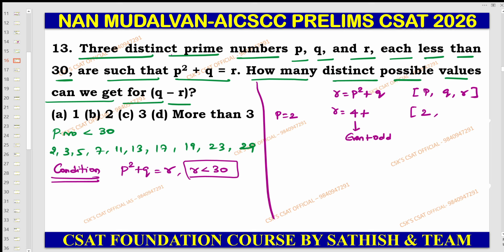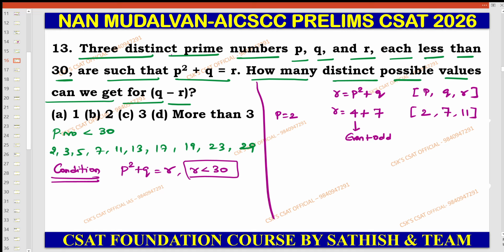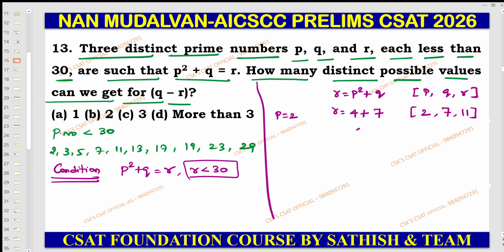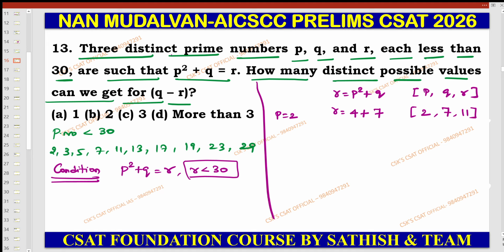Suppose if you are taking, what is the value of Q? 7 if you take, then R is 11. Right? So if I am taking 7, next, can we take 4 plus 3?